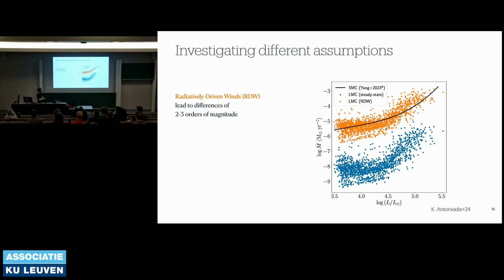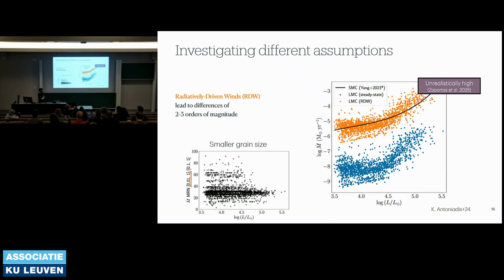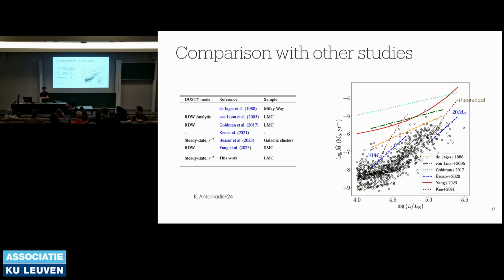And you can see with orange points that, compared to our previous result, this leads to higher mass loss rates by 2 to 3 orders of magnitude. But this could be unrealistically high, as I'm going to show you, also stripping of the star at high luminosities. And also we found out if we use a smaller grain size in the assumptions, the grain size of the dust shell can also lead to different results by a factor of 20, let's say.